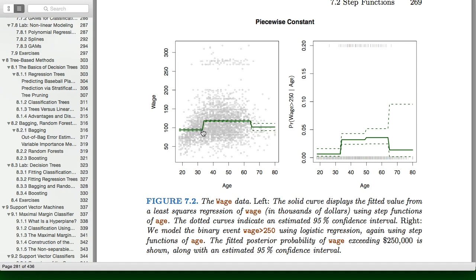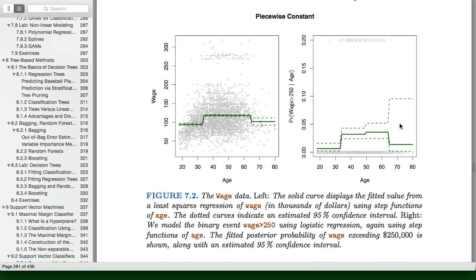And so it's not a very good picture of the data. They've done the same thing here with the logistic regression, applying a step function to the probability of the event that wages are greater than 250 given age. And again, we have this silly looking confidence interval here because we don't have information here.